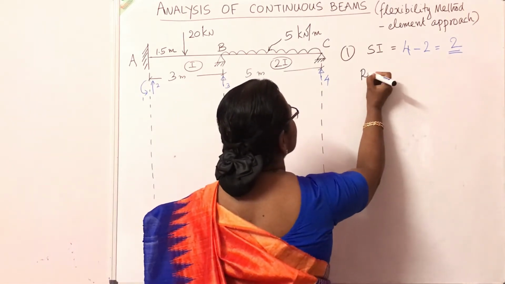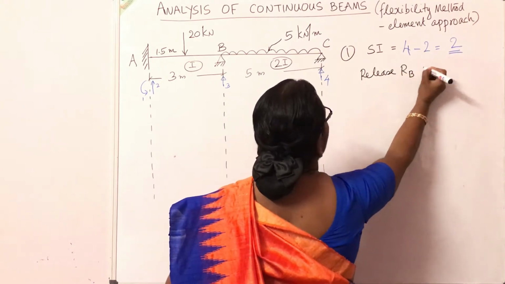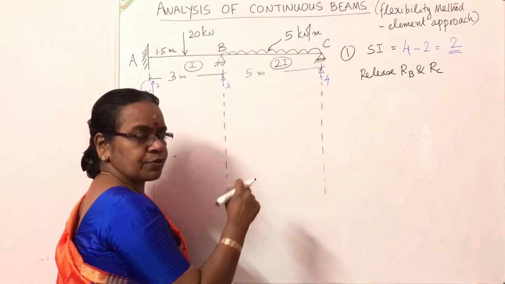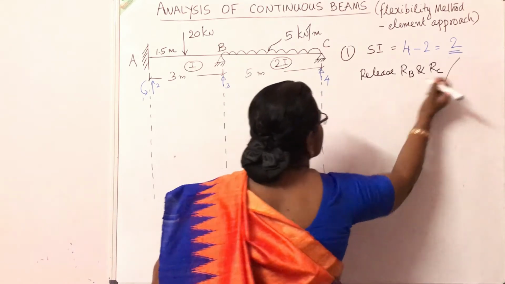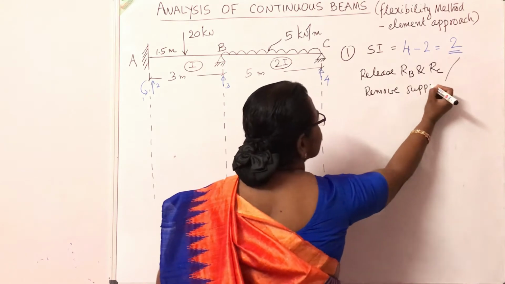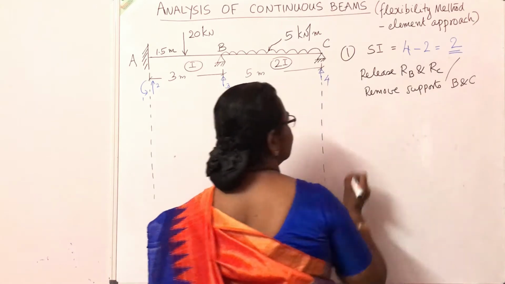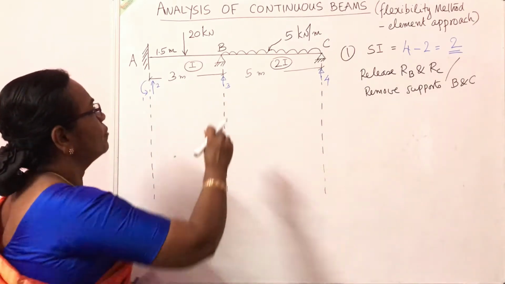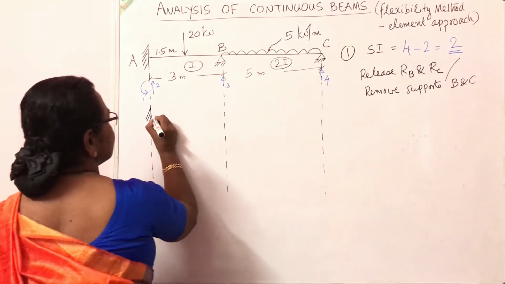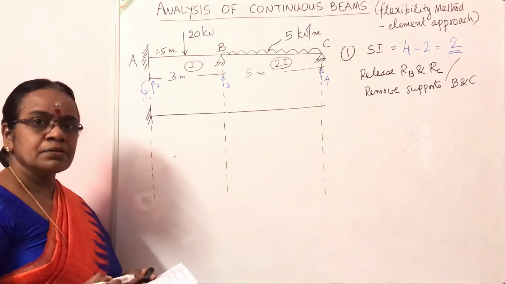I am going to release RB and RC, these 2 reaction components, or otherwise I can say remove supports B and C and get the primary structure. After releasing these 2 reaction components, the primary structure will be a cantilever.